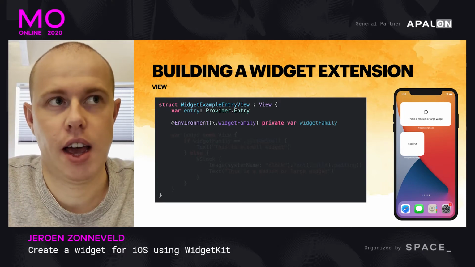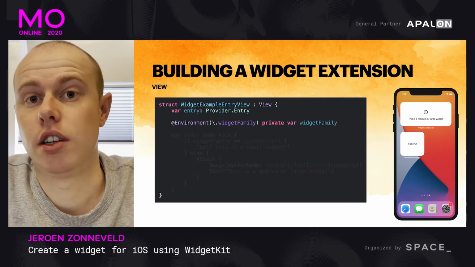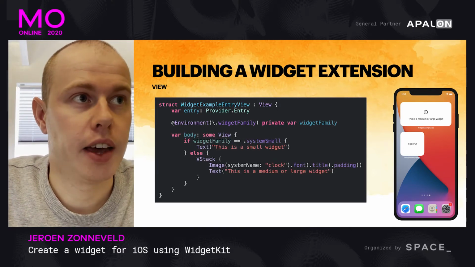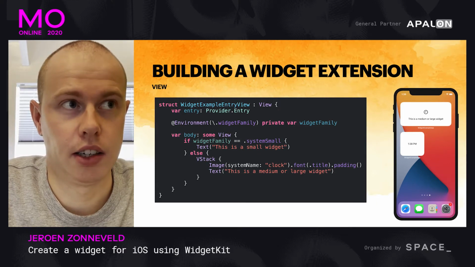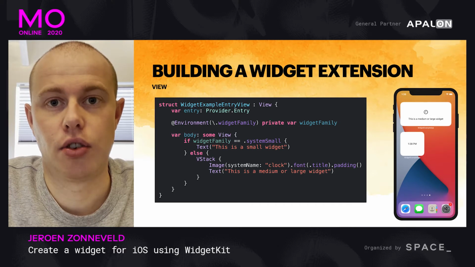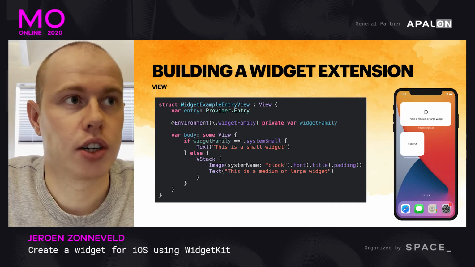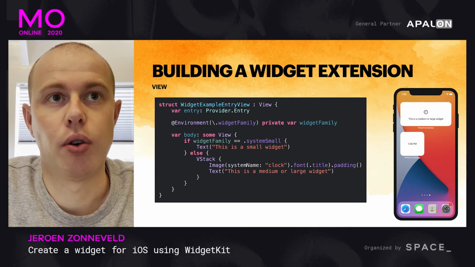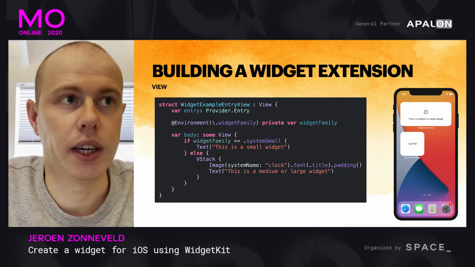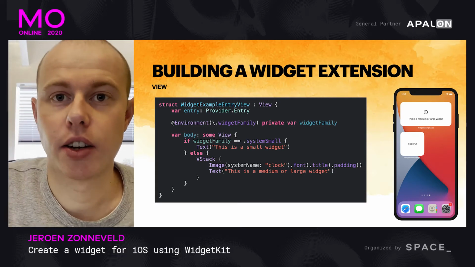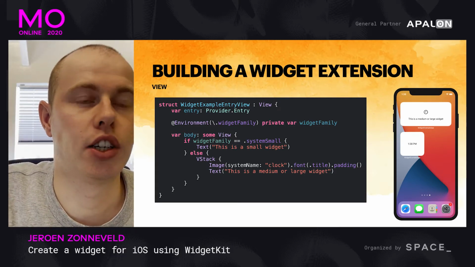You can add this variable to your code, and then you can check using an if statement which size is currently used. So for example, on the right you see I show a small and a medium widget. And the small widget, I only send a text which contains this is a small widget.